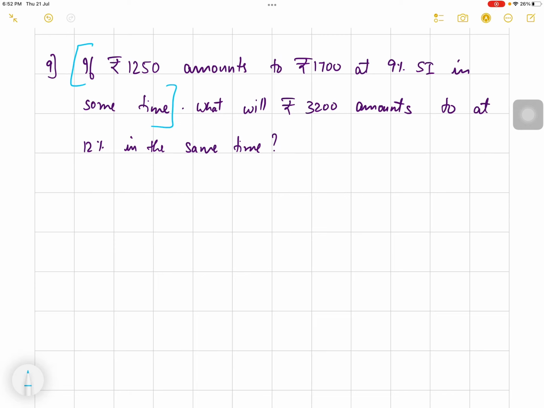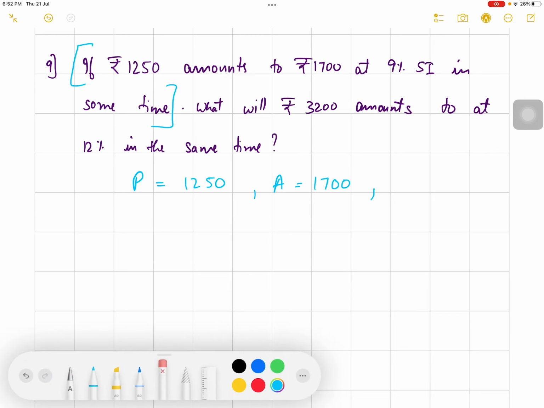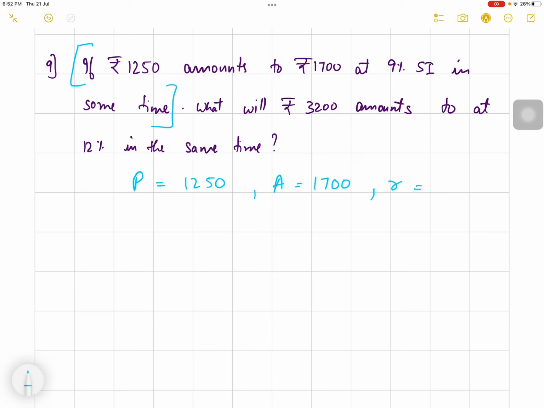If 1250 amounts to 1700, that means P is equal to 1250, A is 1700 at simple interest, that is R 9%, which is 0.09, in some time. So we don't know T. Let us see how much time it is.